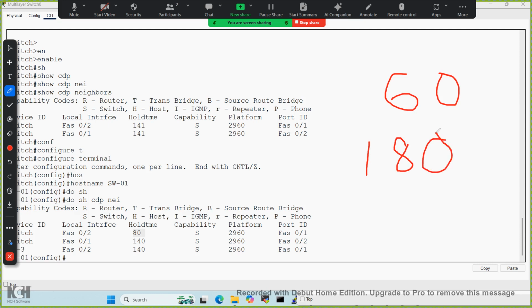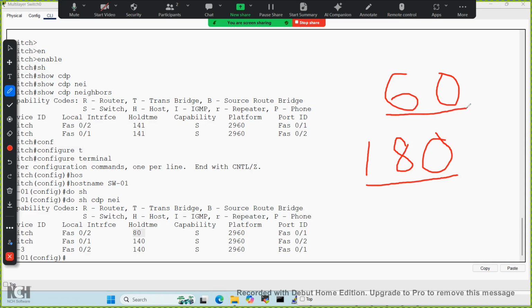Hold time, I think it is a total time for updating the information. No. Hold time means if one switch goes down, it will be kept in the list for this time. Hold time is 180 seconds by default, and it sends a discovery message every 60 seconds.